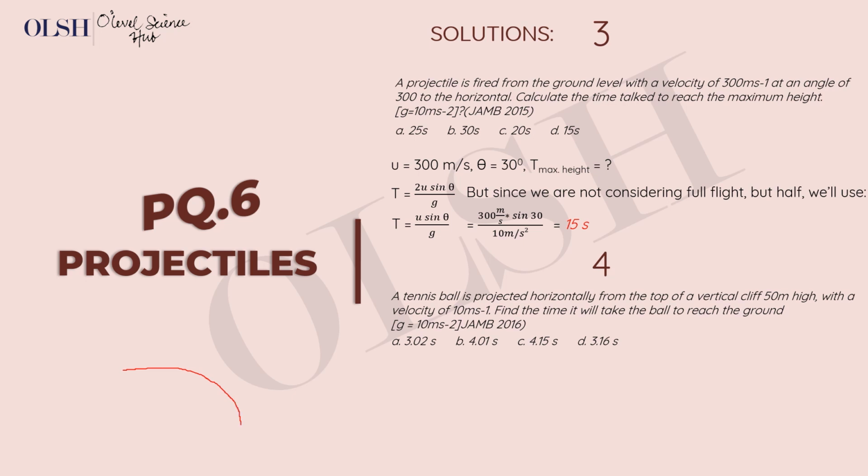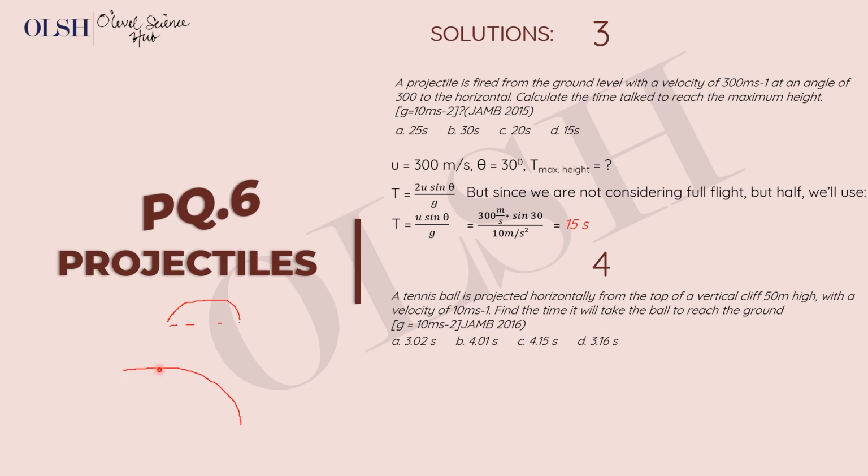This means we're not dealing with a projectile that goes through the normal parabolic path, where it is probably shot from the ground, goes all the way up and comes back all the way down to the starting plane. We don't have this kind of situation. What we have is quite different.